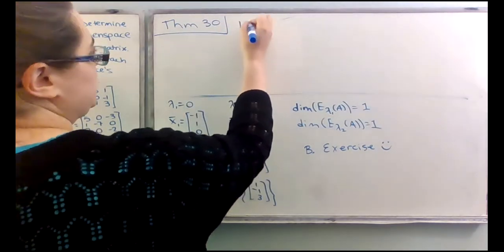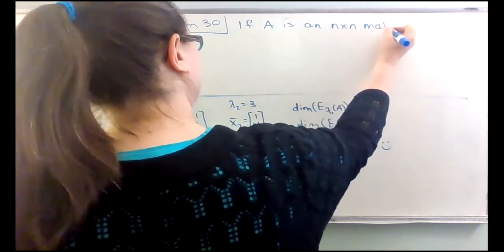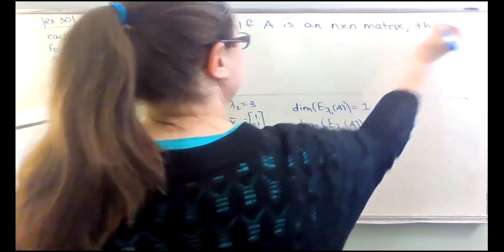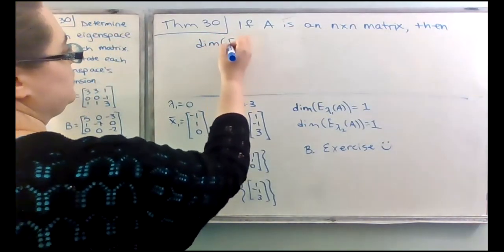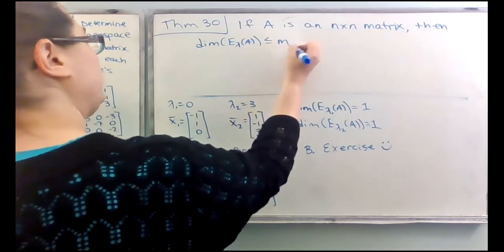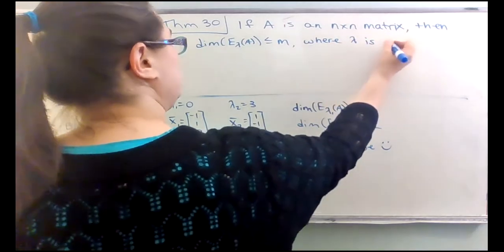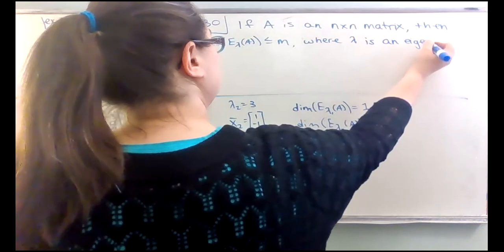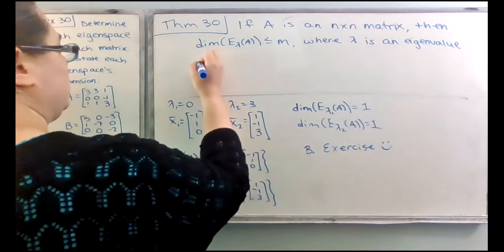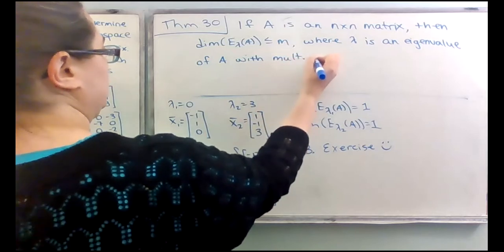If A is an n by n matrix, then the dimension of the eigenspace is less than or equal to m, where lambda is an eigenvalue of A with multiplicity m.